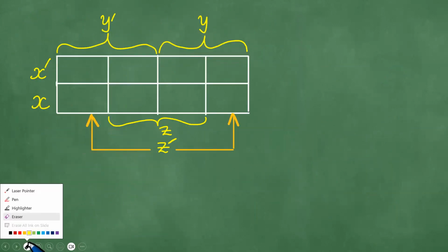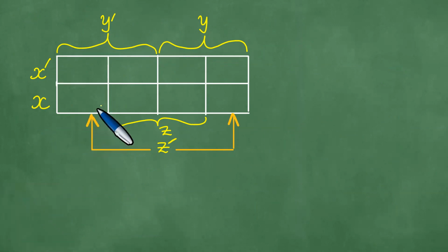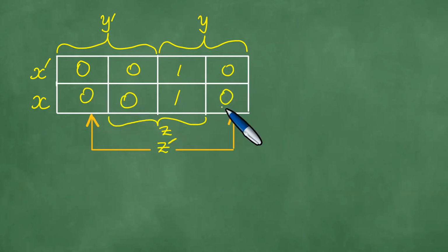On this side, we still have our Karnaugh map, which we have just completed. We got a 0 here, a 0 there, a 1 here, a 1 there, a 0 here, a 0 there, a 0 here, a 0 there. So these are the things we got.